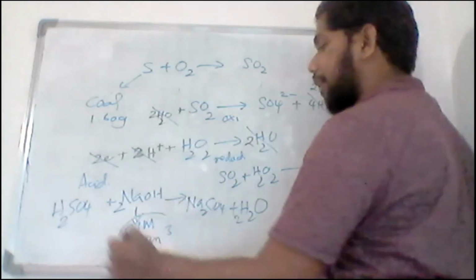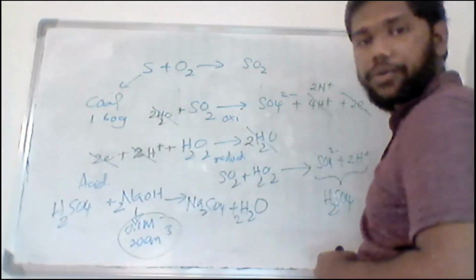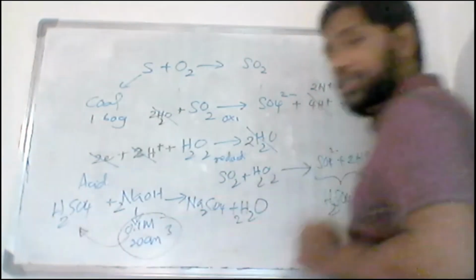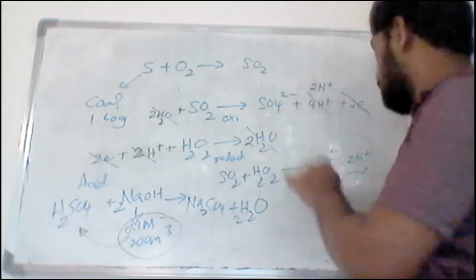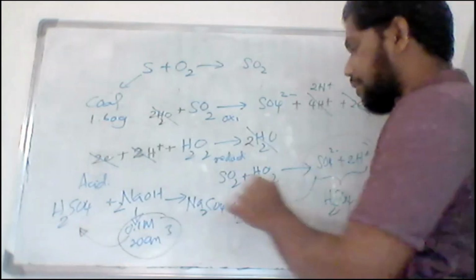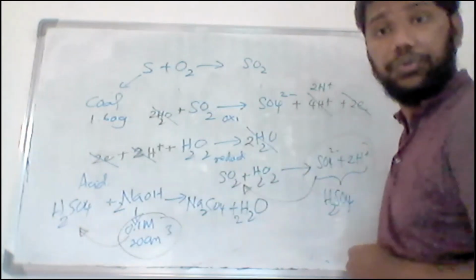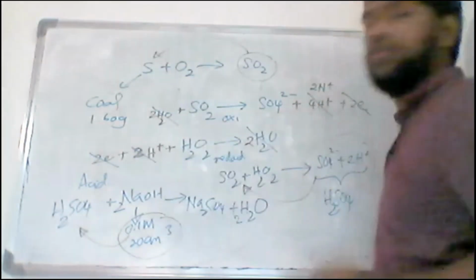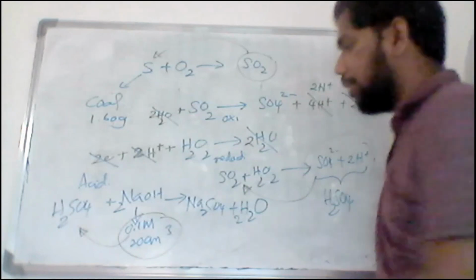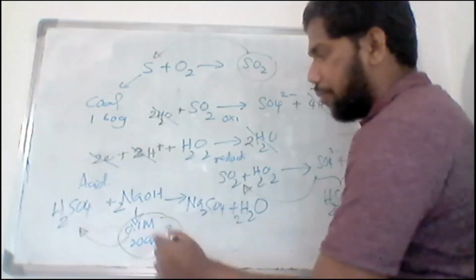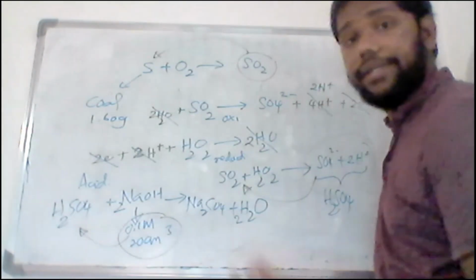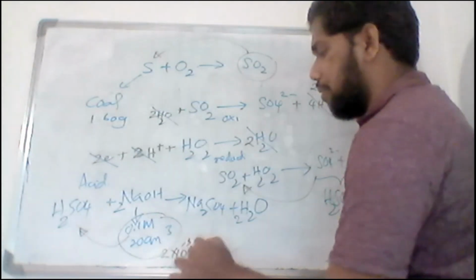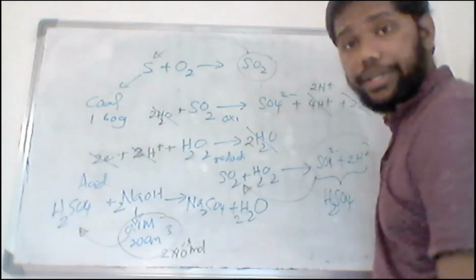So you can calculate the number of moles of NaOH, from which you can calculate the number of moles of H2SO4, which is the number of moles of SO2, and that will be equal to the number of moles of sulfur. Here this will be 0.1 M times 20 times 10 to the power minus 3, so 2 times 10 to the power minus 3 moles of NaOH.